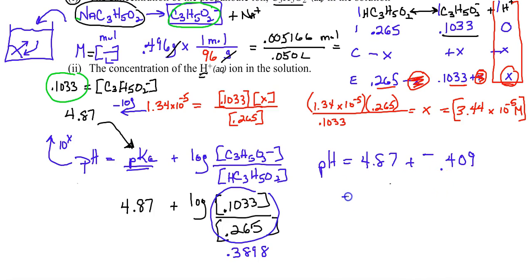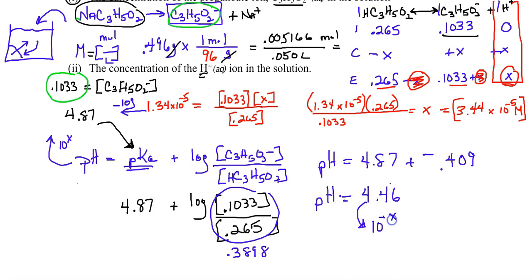So when I add that together, negative 0.409 plus 4.87, I get a pH of 4.46.